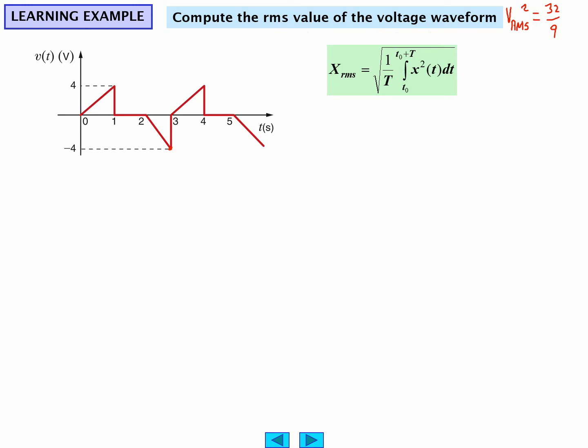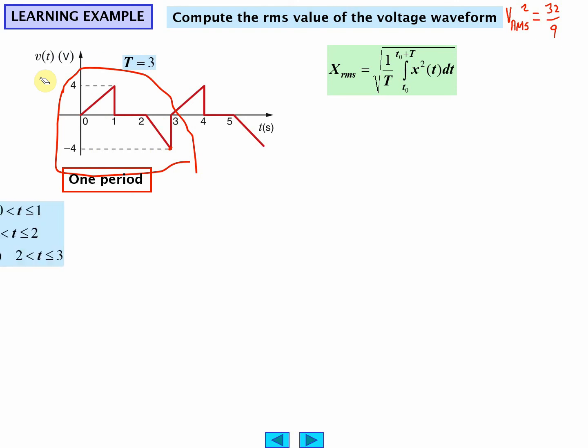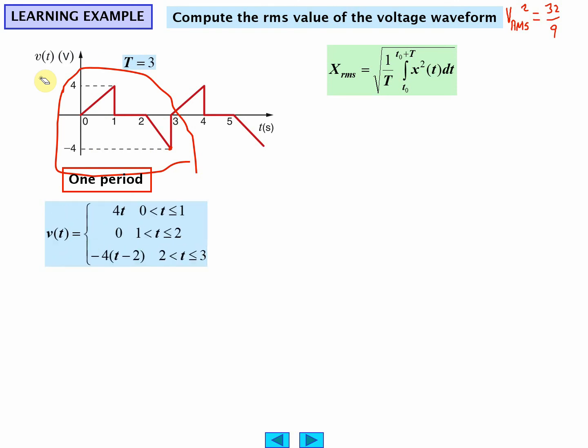Okay, let's see what the book says. One period, 0 to 3, just like I said. Again, there are the two integrals of v squared dt. I made a mistake at first and Ben corrected it to this form.